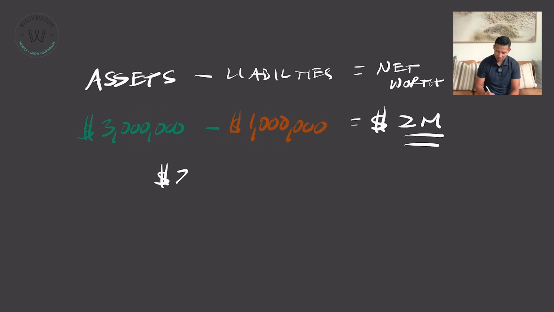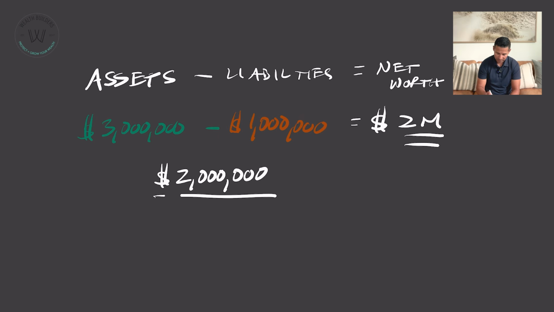So once we figure out our net worth, and now we know what our basic living expenses are going to be, then we can jump into the first equation. The first equation is going to help us determine the number of years our portfolio will support us. So we're going to take our $2 million net worth and divide this by our annual spending.